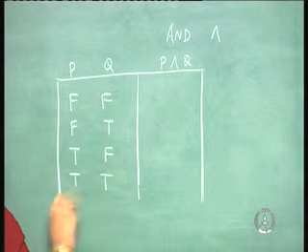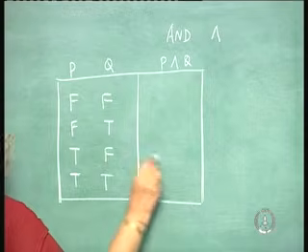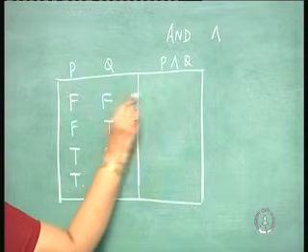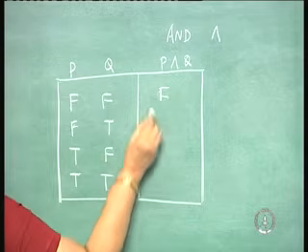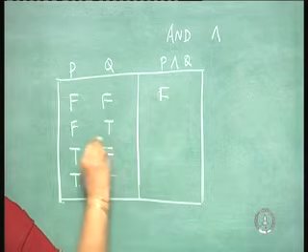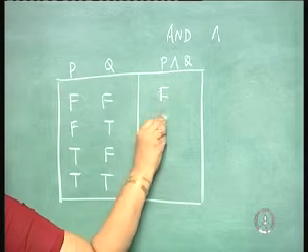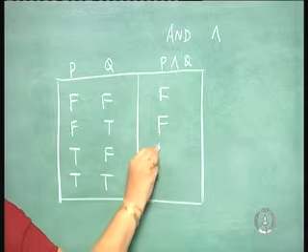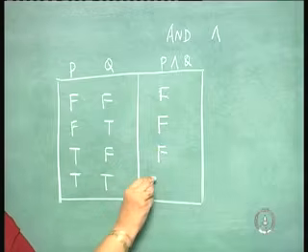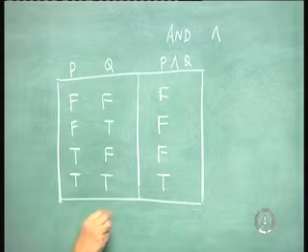When both are false, the compound statement will be false. When one is false also, the compound statement will be false. But when both are true, the compound statement will be true.